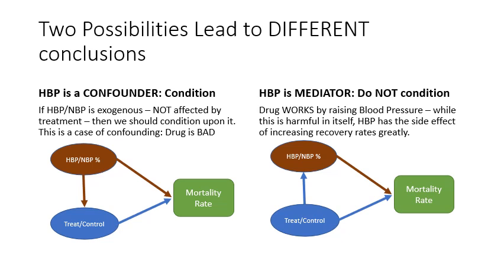One channel is direct, and that effect is bad, but the other channel is indirect. It raises blood pressure, and that is helpful in overcoming the disease. So if in this case high blood pressure is a mediator, then the overall mortality rate is what we should look at. And so then we should administer this drug, and the subgroup rates are not relevant.